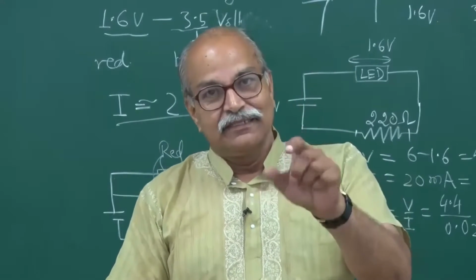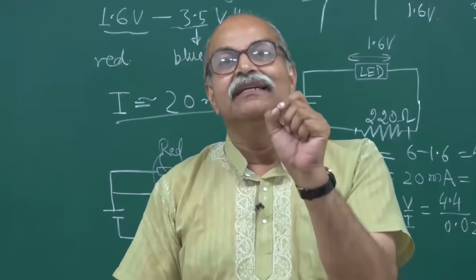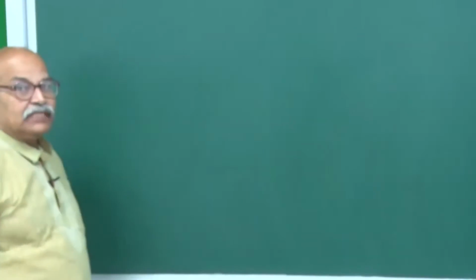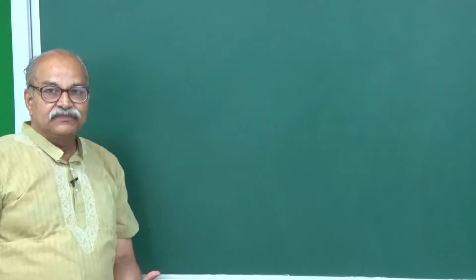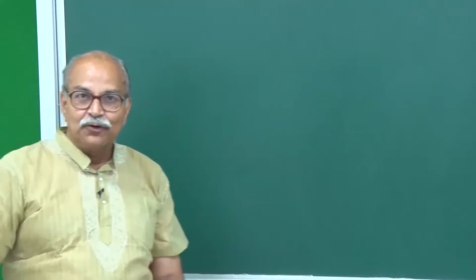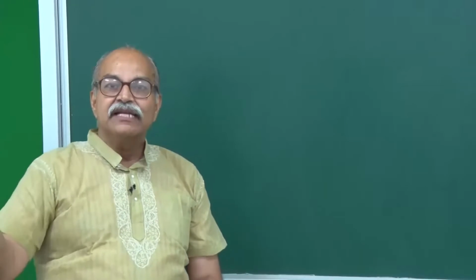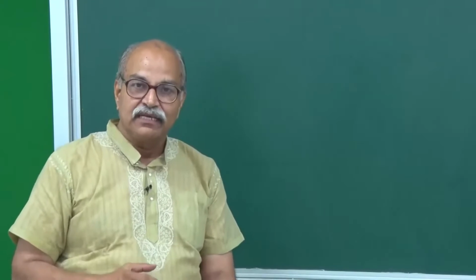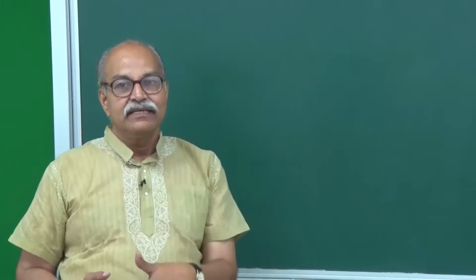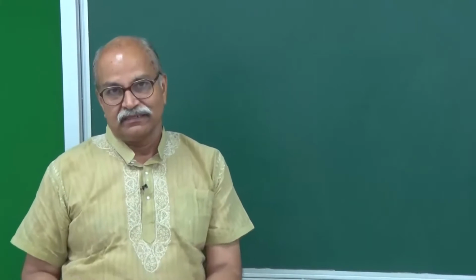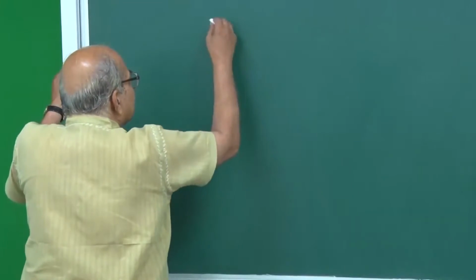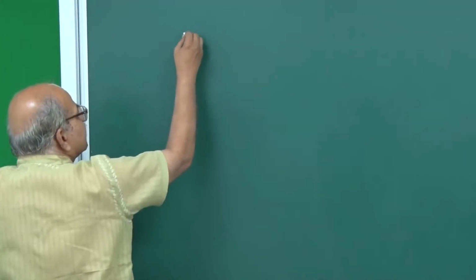So what is it? The basic unit is again a PN junction, a silicon PN junction. In a solar cell, like the photodiodes we talked about, light falls on this PN junction and creates electron hole pairs. So essentially the same mechanism, but the constructions are slightly different.